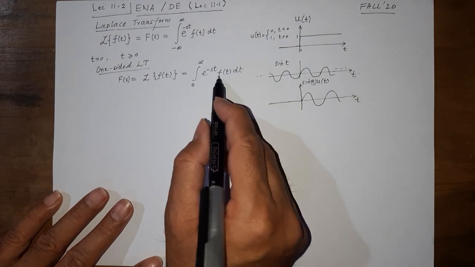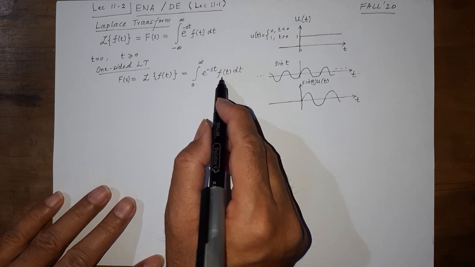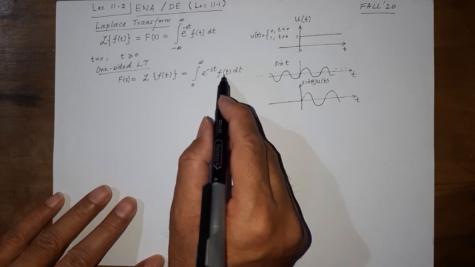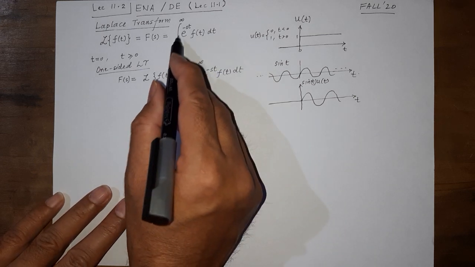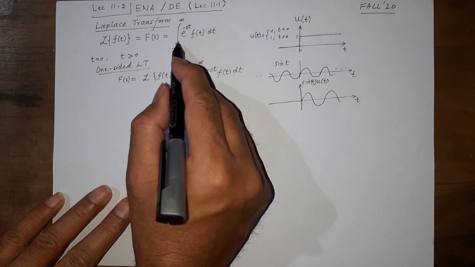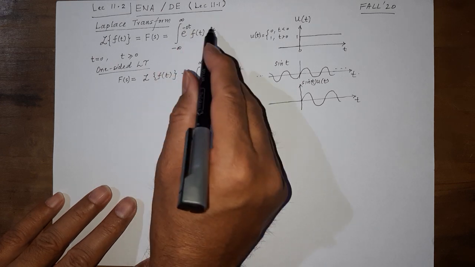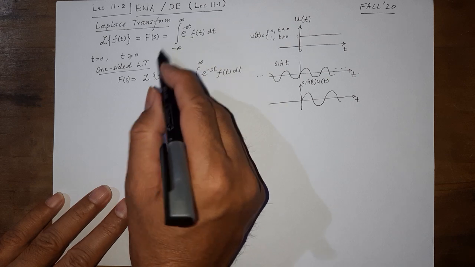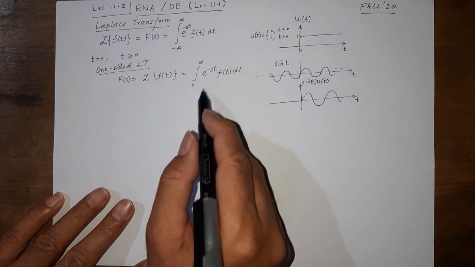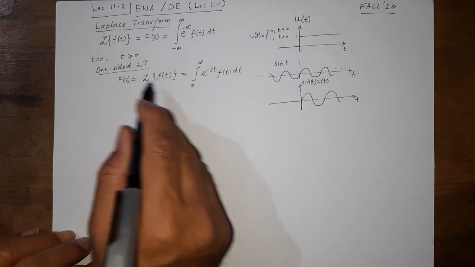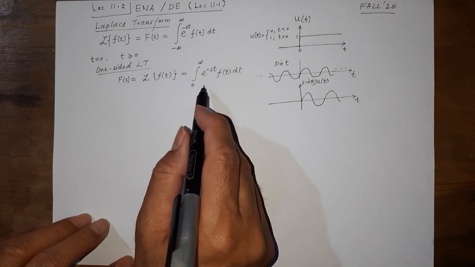So if we have voltages and currents that are 0 before t is equal to 0, writing this integral in parts from minus infinity to 0 and 0 to infinity, the first integral will be 0 and we will be left with this one. So that is what we are going to use.